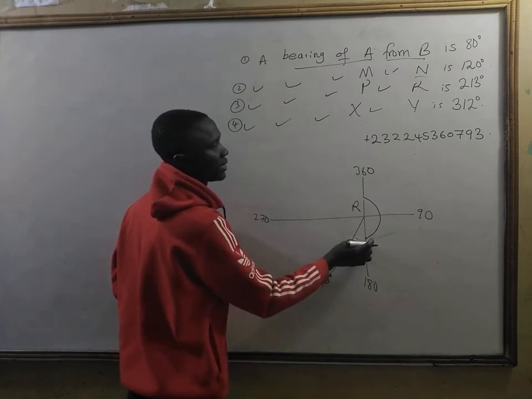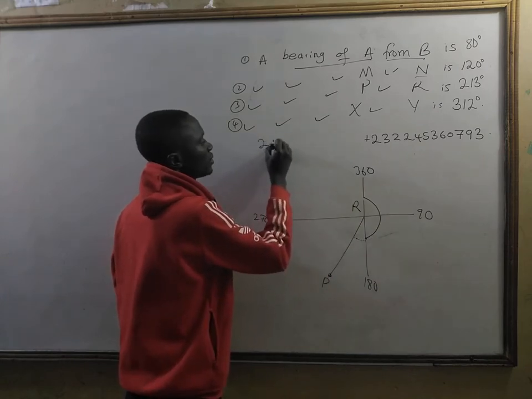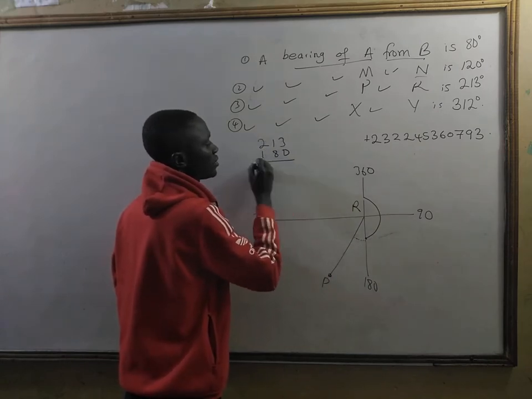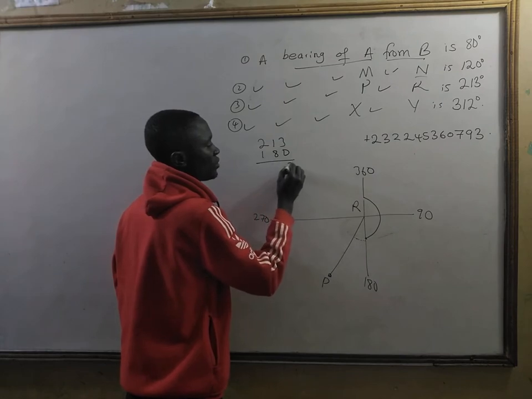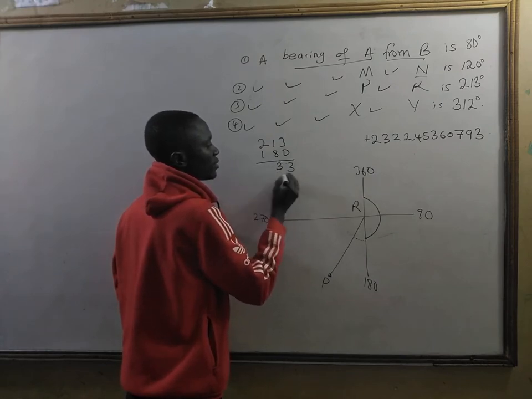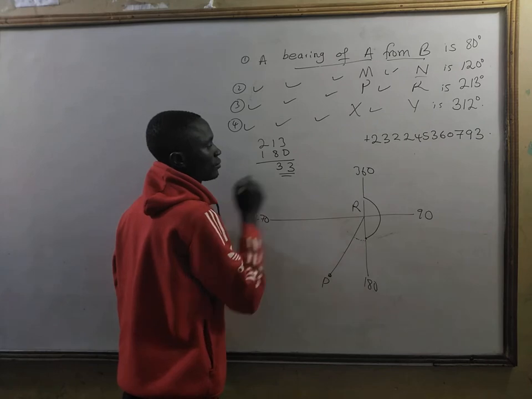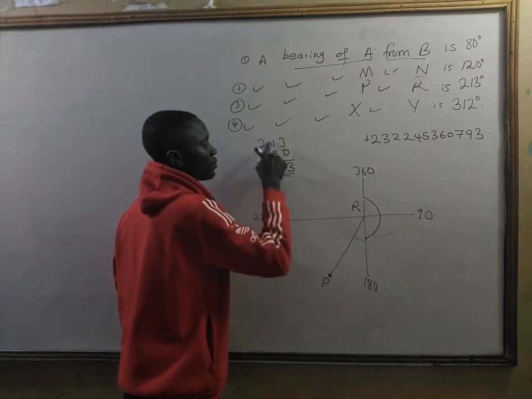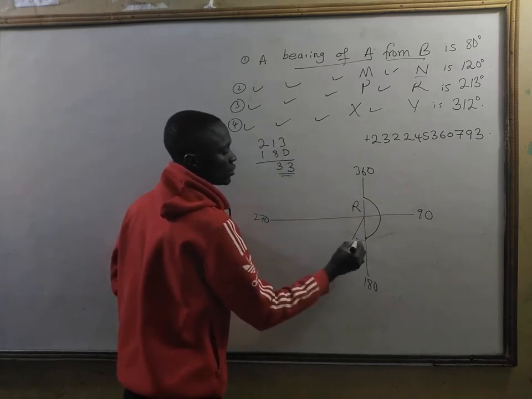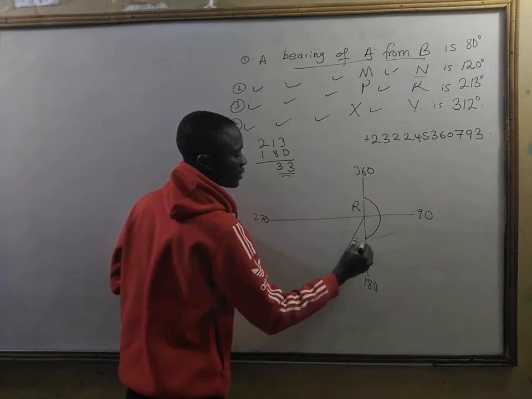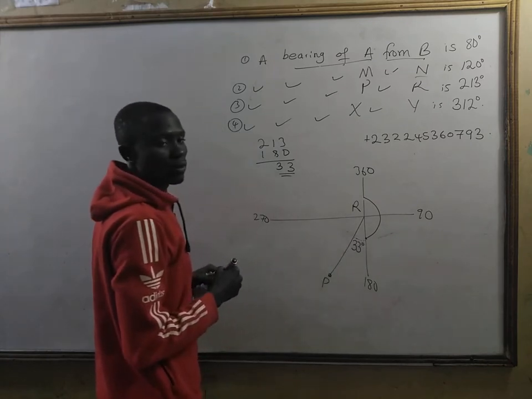I'll just take 180 from 213. That will give me 33. 0 from 3 is 3. 8 from 11 is 3. So this angle is 33 degrees.